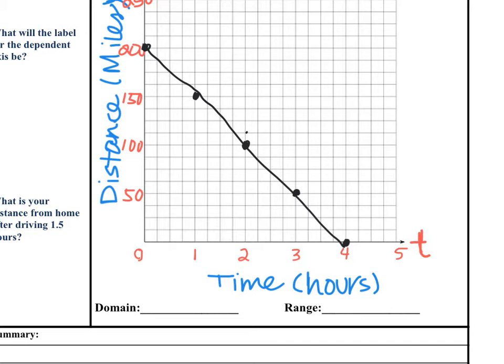Yeah. So it goes from 0, and we say less than or equal to x, less than or equal to 4. Carson Milbrant, can you give me the range? It's 200, 0. So we start by the lowest number, 0, less than or equal to y, less than or equal to 200.